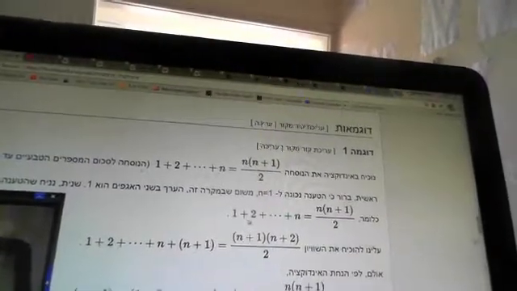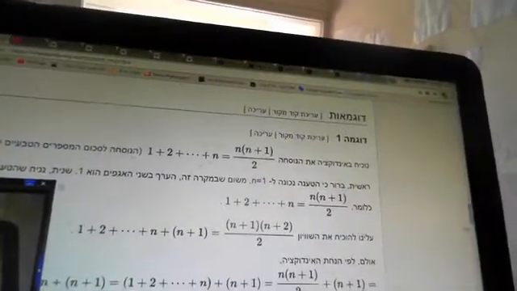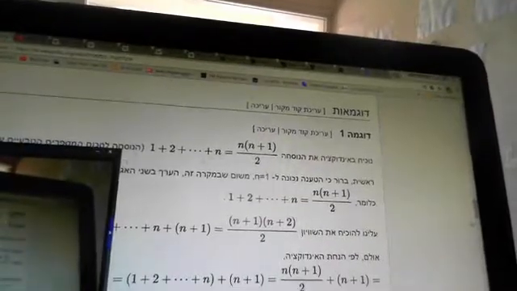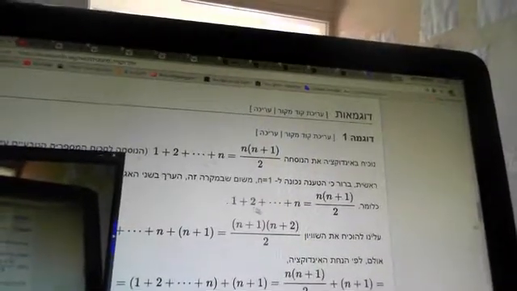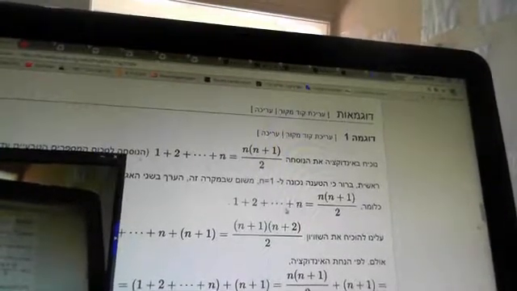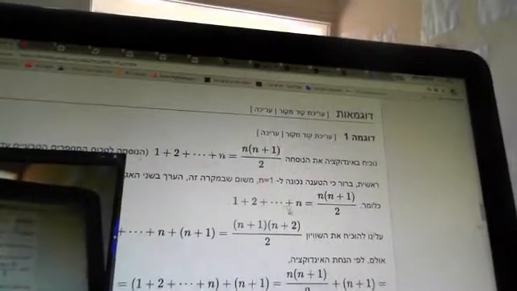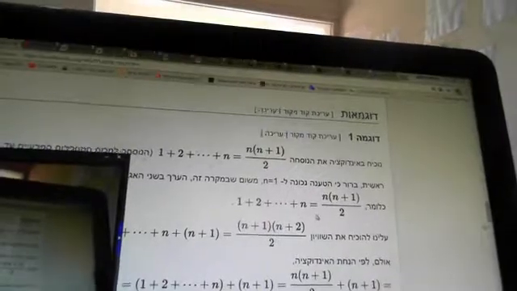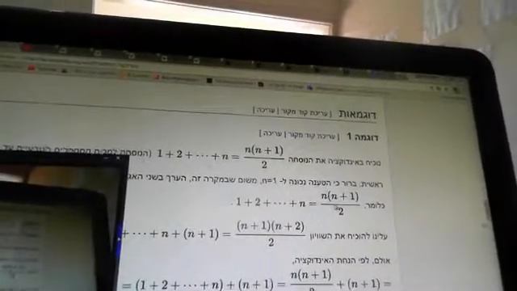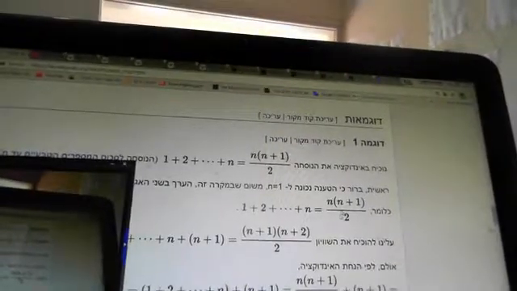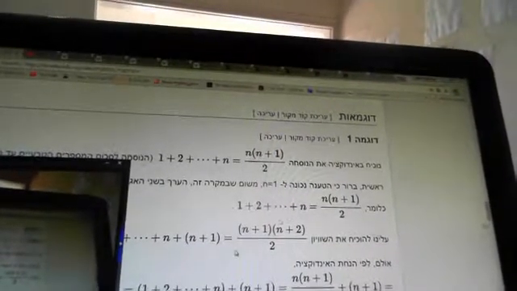So my assumption is that 1 plus 2 plus 3 plus etc. plus n equals n multiplied by n plus 1, and all is divided by 2.